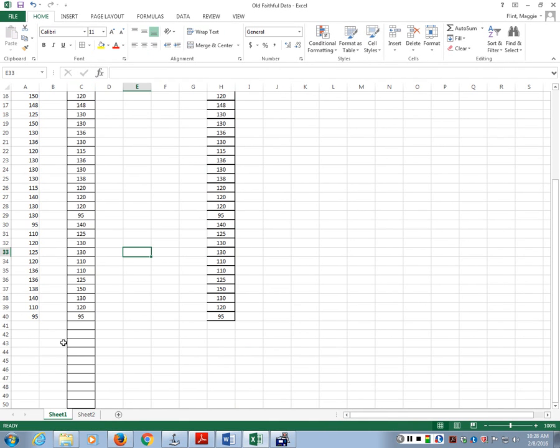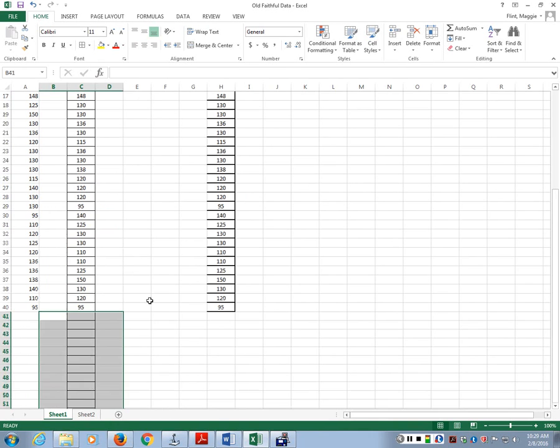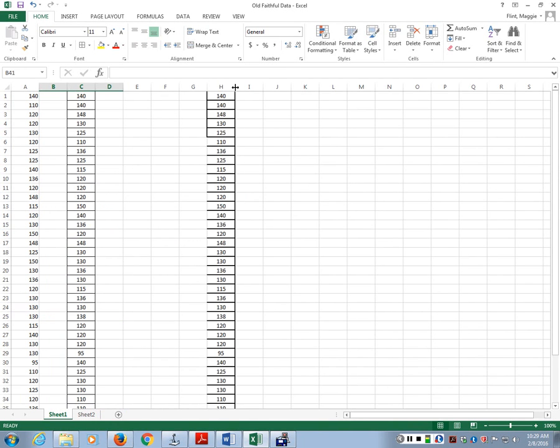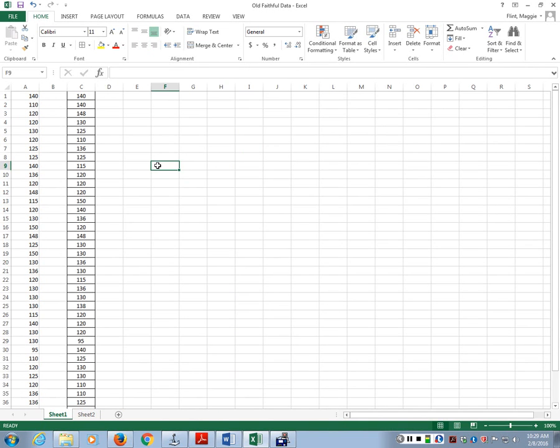So I put all borders around that, but I don't really care so much about this. I did the whole column, it doesn't matter. You can erase data by highlighting the column and just telling it to delete the data, and it'll do that. Most of the commands in Excel are pretty intuitive.